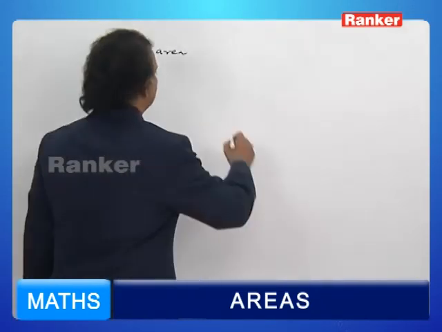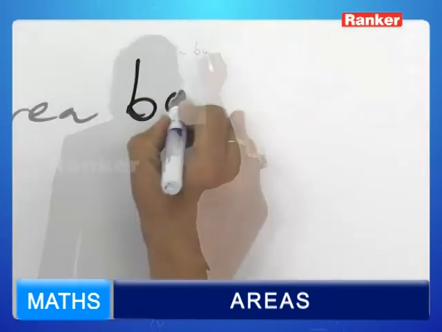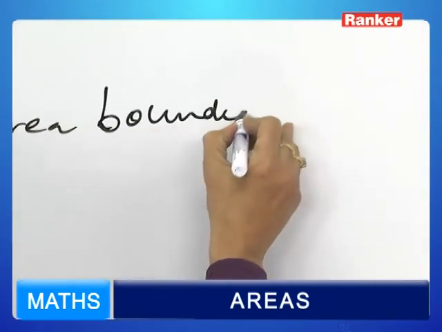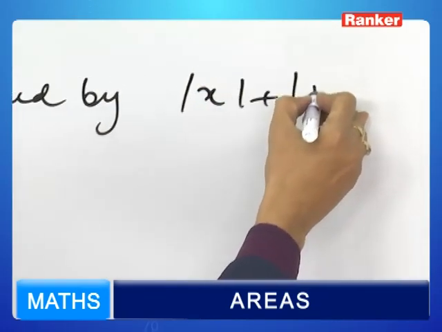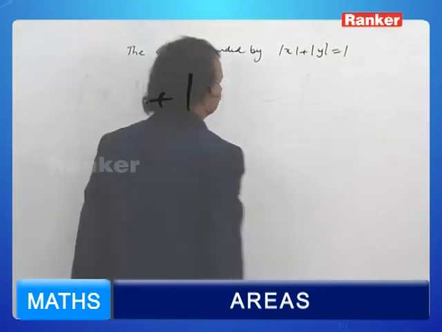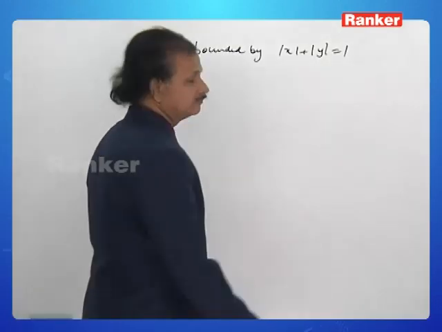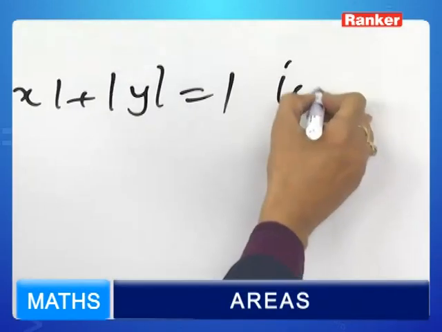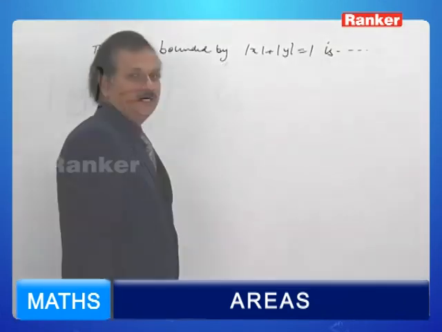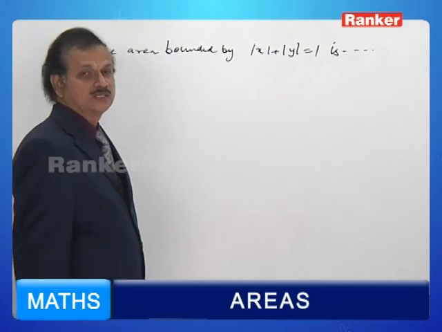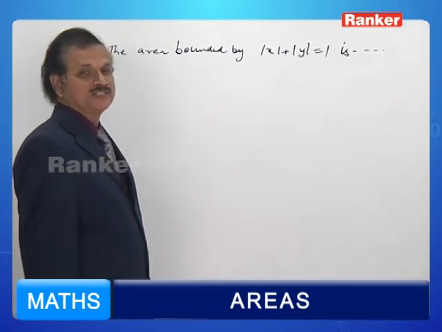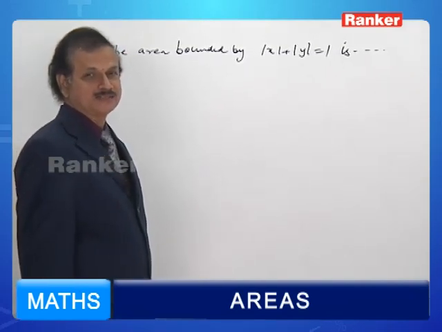The area bounded by mod x plus mod y is equal to 1, that is the question he is asking. See, mod x means x if x is positive, minus x if x is negative.